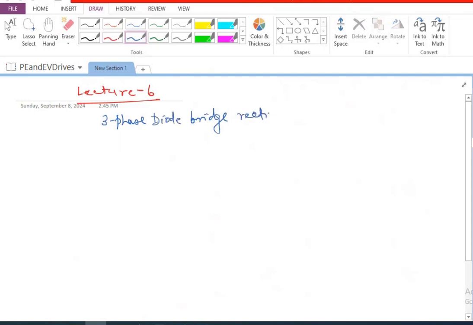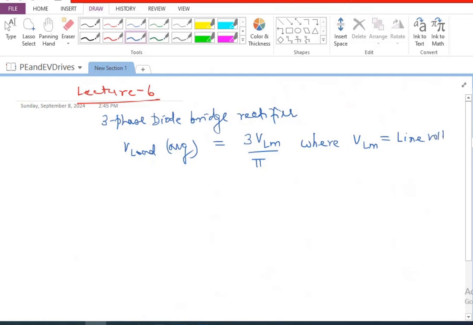And we said that the output voltage, V load average, in this particular case was actually 3 VLM divided by pi, where VLM was the peak of the line voltage. That's what we said. So this is the line voltage peak.